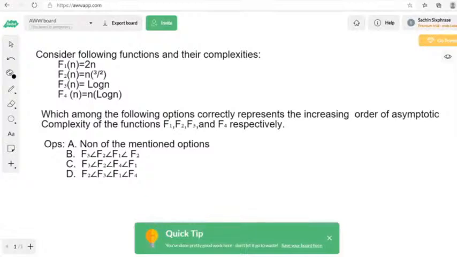Everybody was thinking about option B and option C, and only a few people looked into option A, none of the mentioned options.